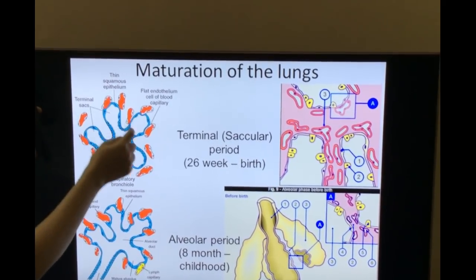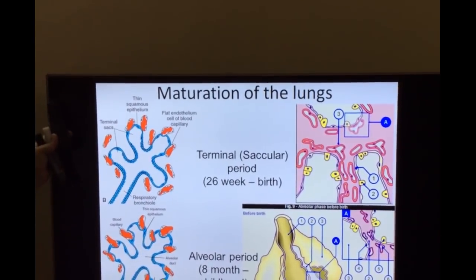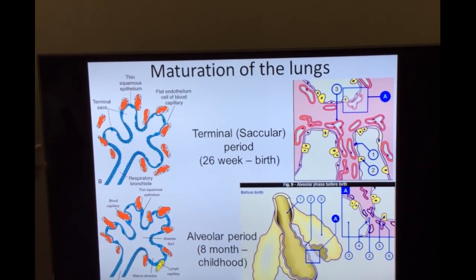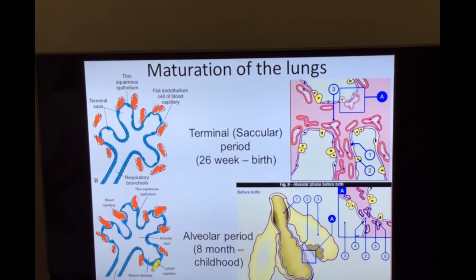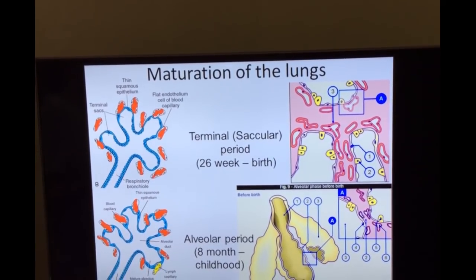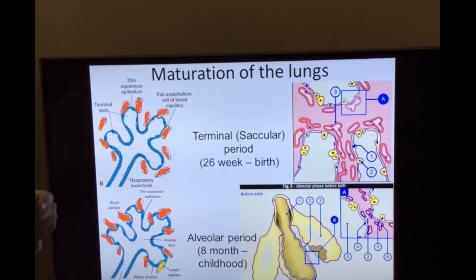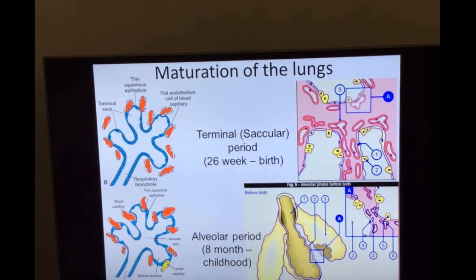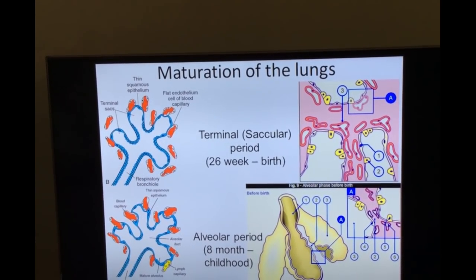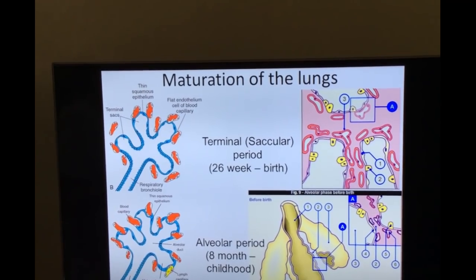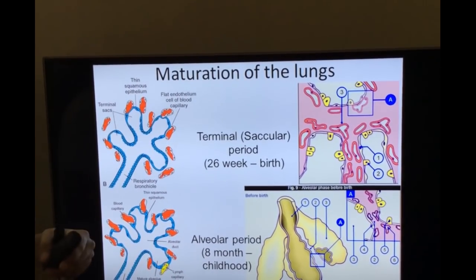The lumen of the alveoli will be filled with fluid which is rich in protein and also rich in chloride. So what happens whenever the baby is born premature, when there is delivery of the baby before the 7th month or before 32 weeks? The lungs have not matured, there is not enough surfactant, and the alveoli lumen will be filled with fluid.